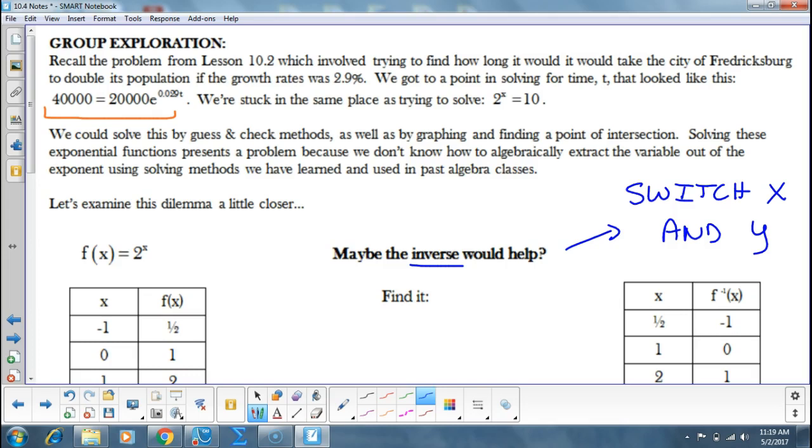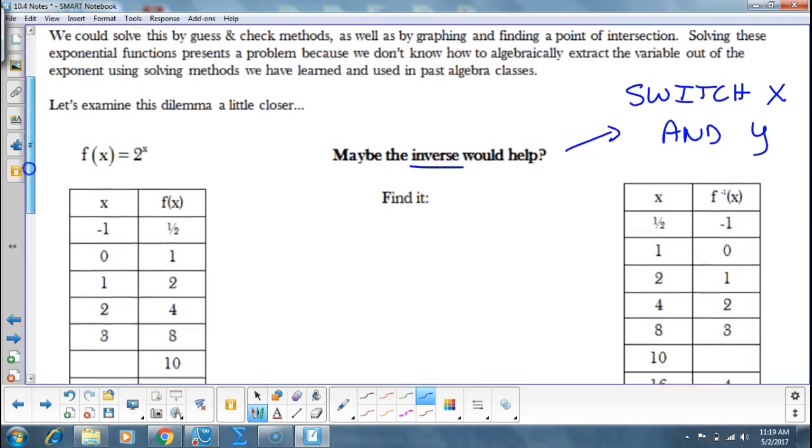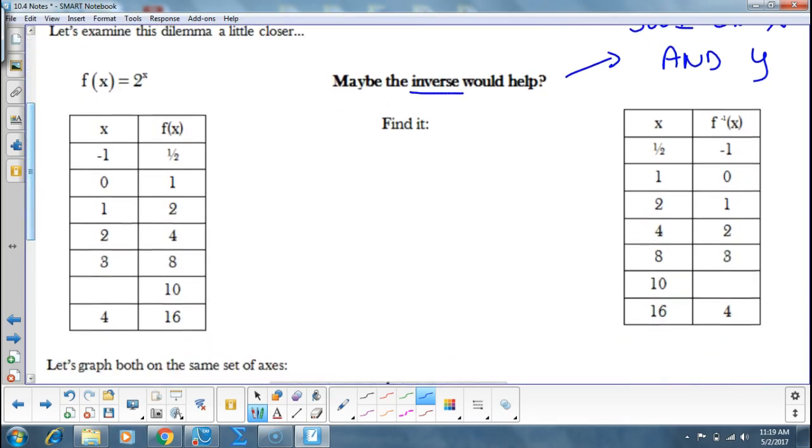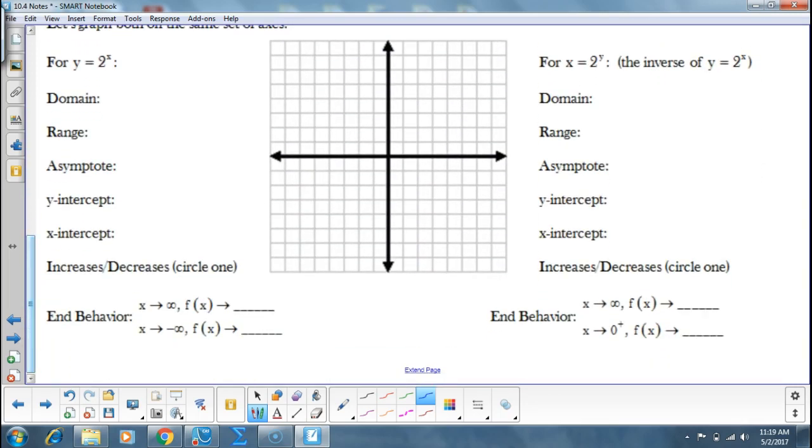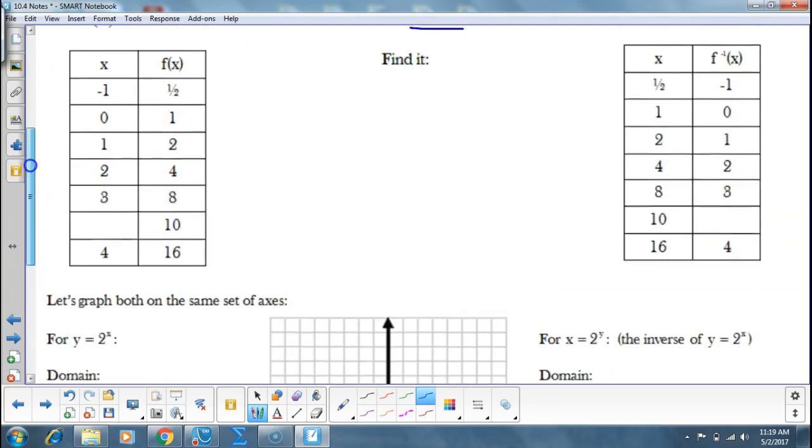So do 1 color for one side. This is our function right here on the left. Graph it. And then answer all these questions: domain, range, asymptotes, x-intercept, y-intercept, increasing, decreasing, end behavior, and so forth. Then go to the other side of the paper where that's your inverse.